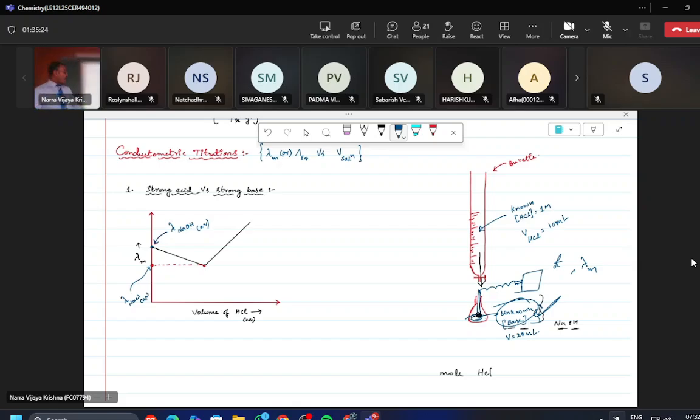After adding this much volume of HCl, this is the equivalence point, where milliequivalents of HCl became equal to milliequivalents of NaOH taken. So I call this point the equivalence point.